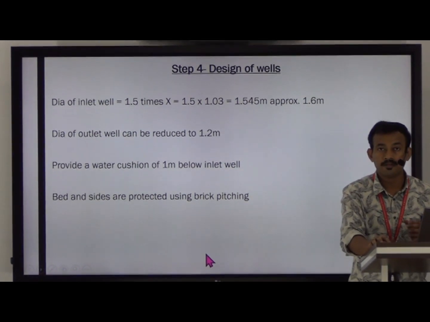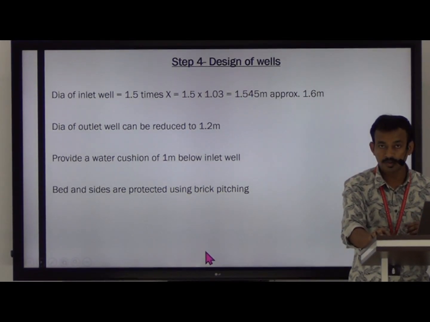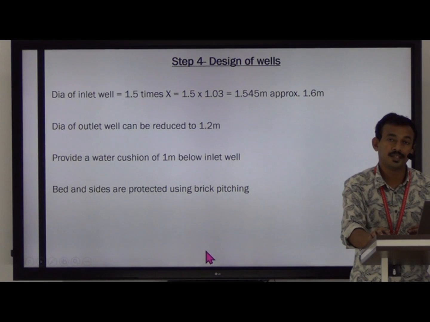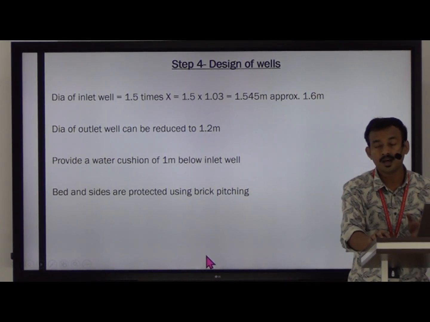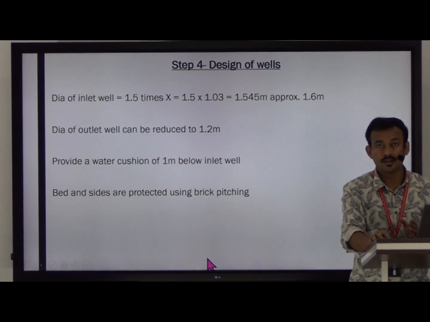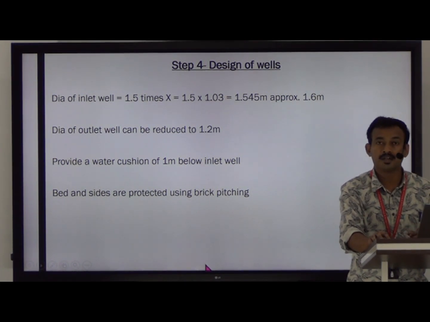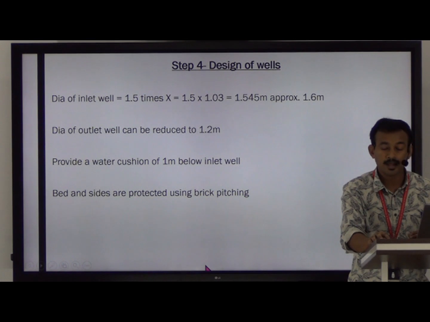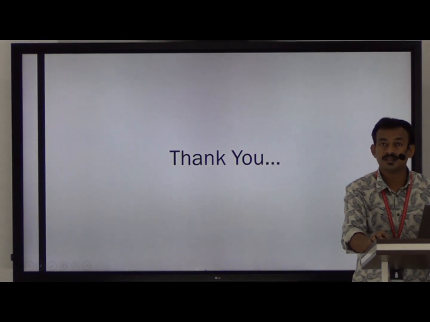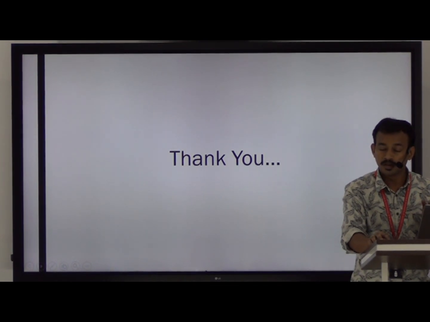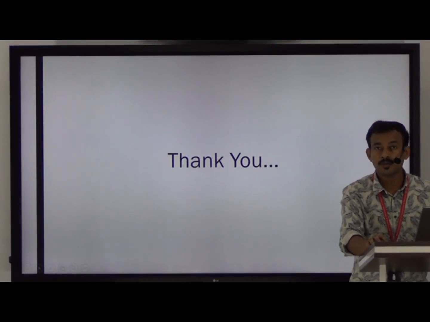Then we are fixing the dimensions of the notch. Then we are fixing or designing the pipe connection between the inlet and outer well. At last, we are fixing the diameters of both inlet well and outer well. This is all about the design of siphon well drop.